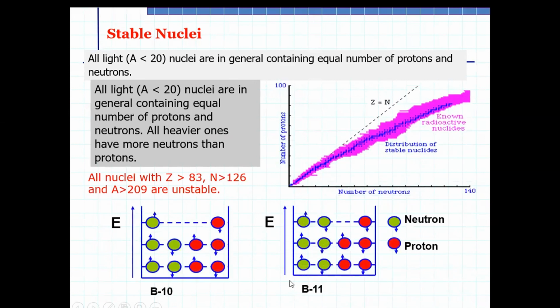Let's see here two examples. One example is boron 10, in which we see the proton distribution. I'm sorry, the neutron is green and the protons are red.